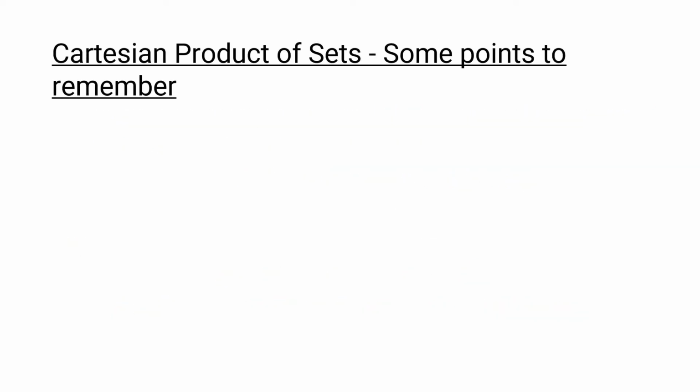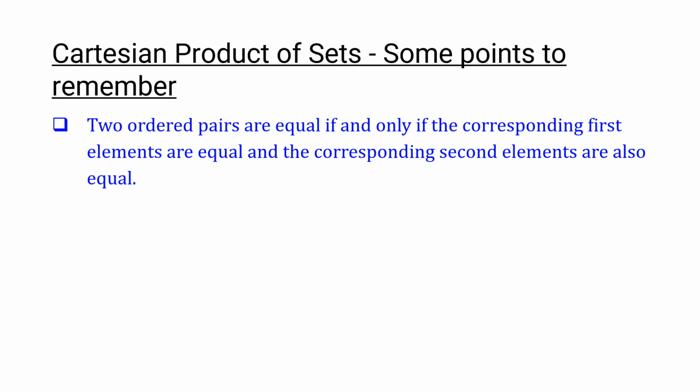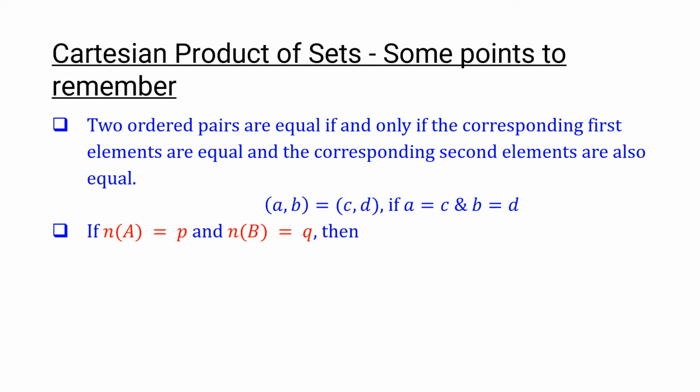There are some points to remember in the Cartesian product of sets. In a Cartesian product of sets, two ordered pairs are equal if and only if the corresponding first elements are equal and the corresponding second elements are also equal. For example, ordered pair (a, b) is equal to ordered pair (c, d) if a is equal to c and b is equal to d.